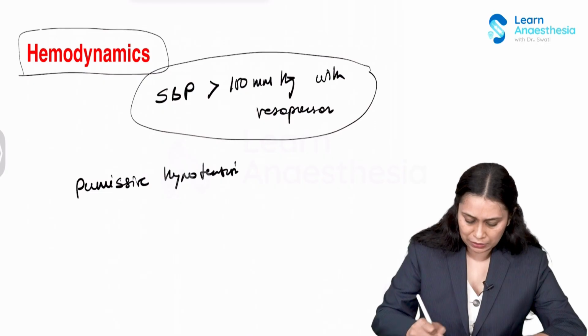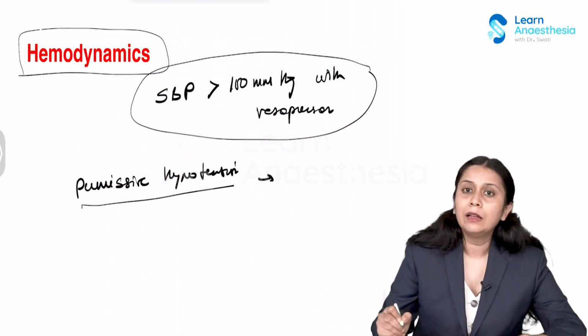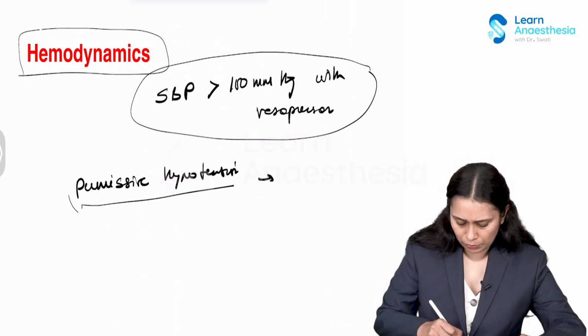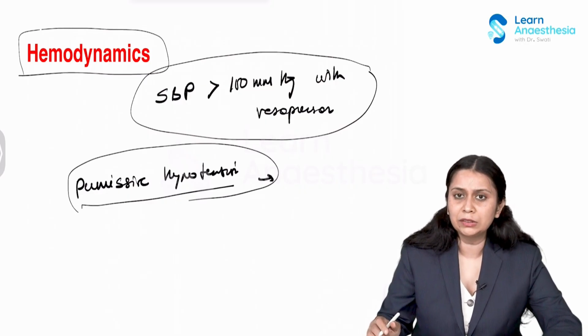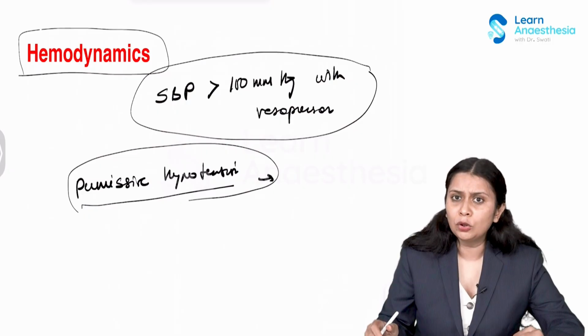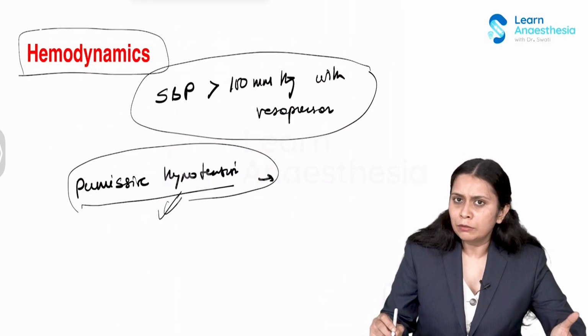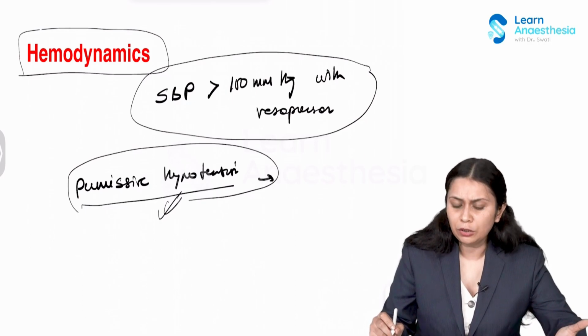They decrease the blood pressure to decrease the blood loss. So permissive hypotension can also be practiced, right? But there's a risk of spinal cord ischemia with permissive hypotension. So we have to see the risk benefit ratio.